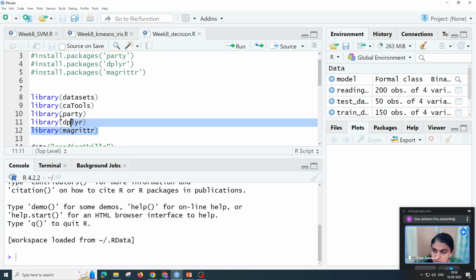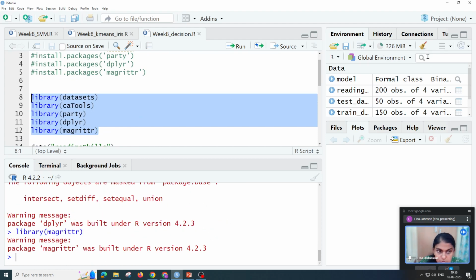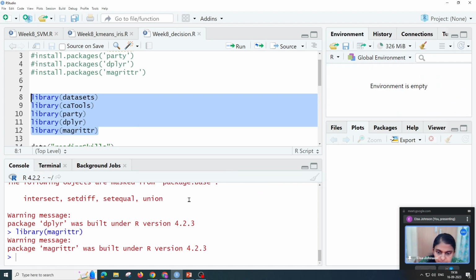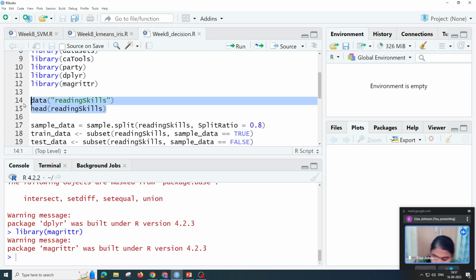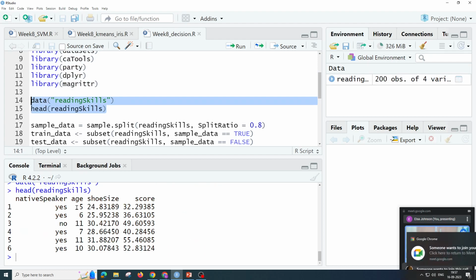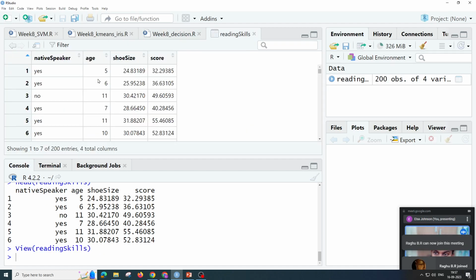For this we will require all these data sets, so I am loading them. Now I'll be looking at this particular data, the reading skills data, which is already in RStudio. It has native speaker yes or no, age, shoe size and score.